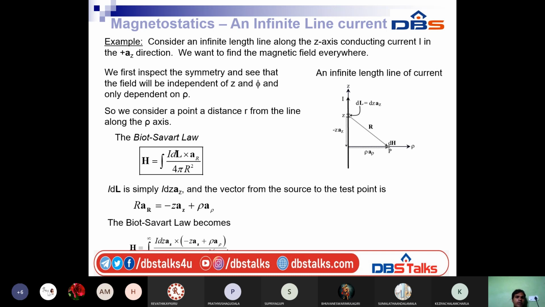I can apply the Biot-Savart law on an infinite line. So for that, let us define the magnetic field from the Biot-Savart law.